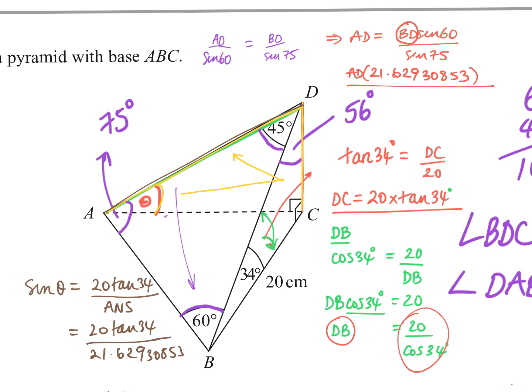So I've got 20 tan 34 divided by, I'm going to try ANS and see what happens, and I get 0.6236986409.